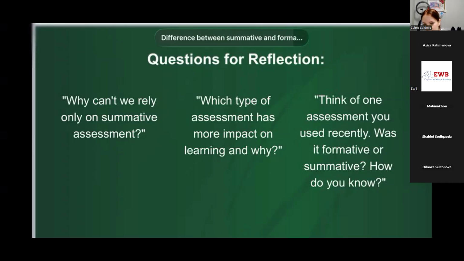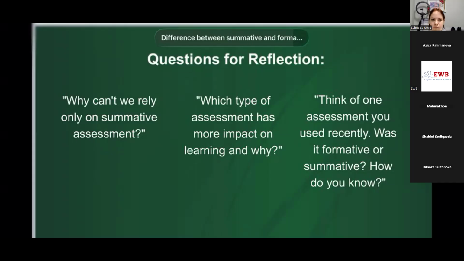You are all correct. Now let's think about one assessment you used recently. Was it formative or summative, and how do you know about it? Formative assessment is the most powerful type for everyday learning. Sanam, you are right. Yes, great idea. But summative assessment also impacts learning because this is our final goal, and from it we understand our standing point and our final destination.